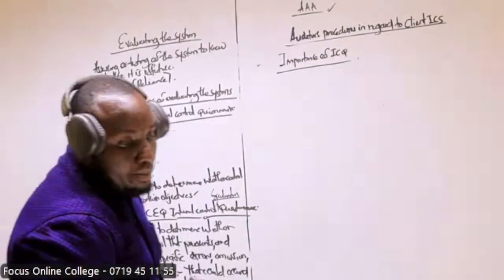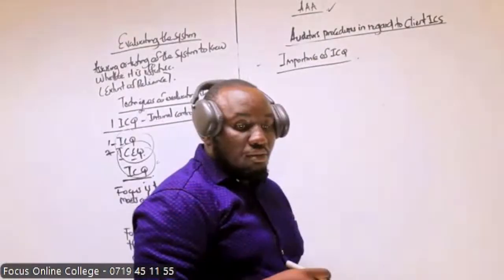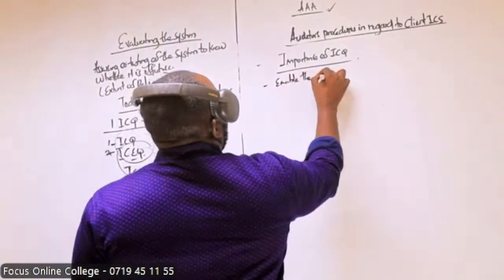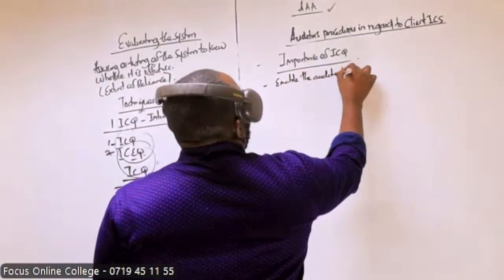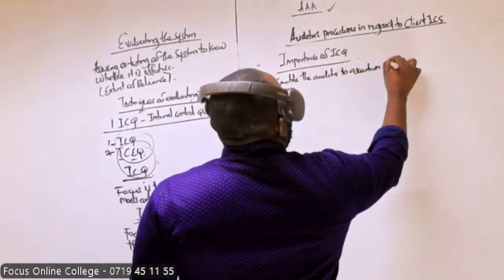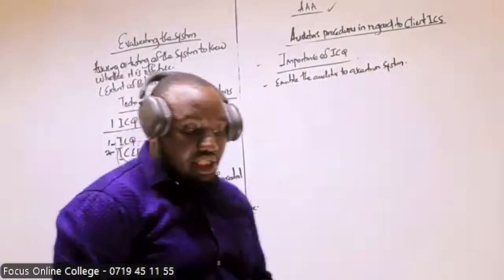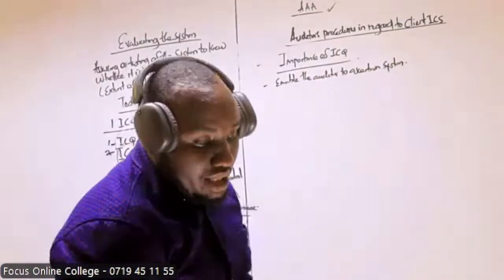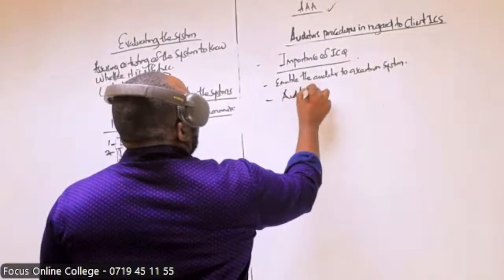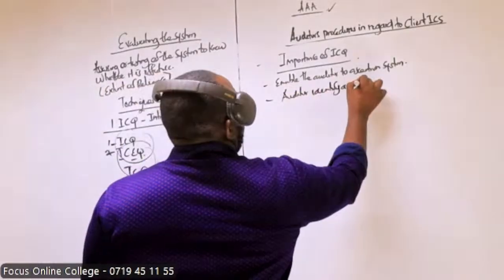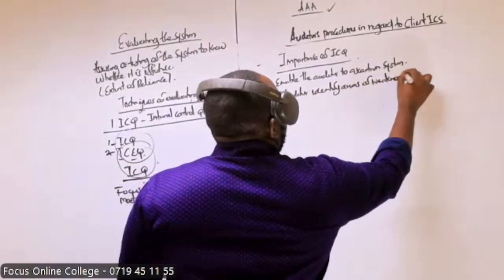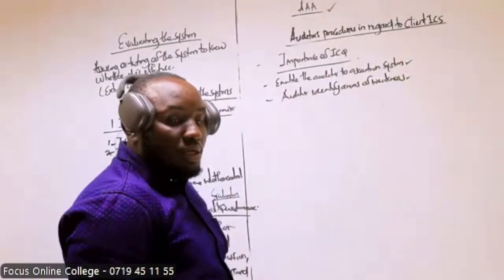It enables the auditor to ascertain the system, to have a deeper understanding of the system. It enables the auditor to identify areas of weakness. It does assist the auditor to basically identify areas of weakness.